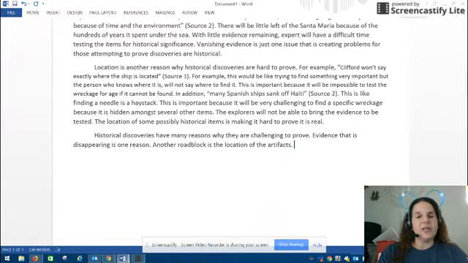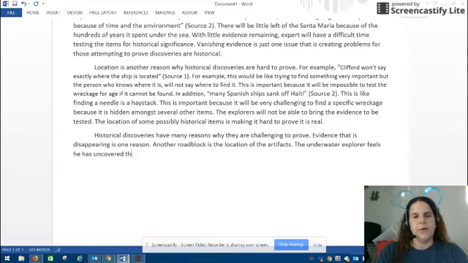Now some interesting information. Okay, the underwater explorer feels he has uncovered the long lost Santa Maria.